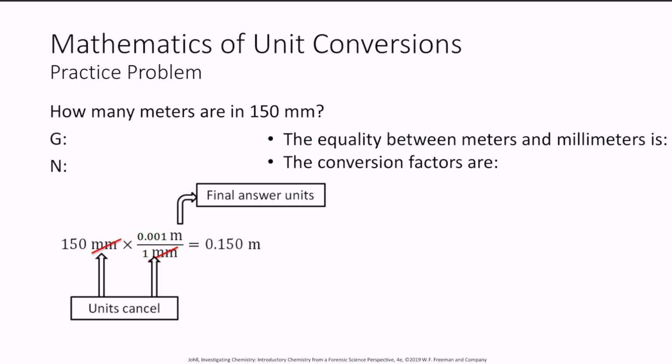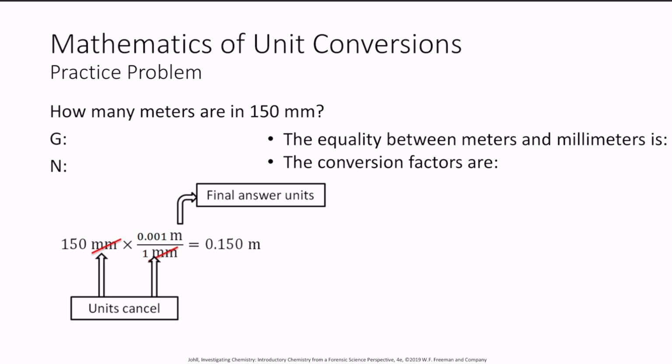So the first thing I want to do is find my given. Remember, the given is going to be your number for simple conversion factor problems. Now, when you start doing more and more of these problems, your problem might give you a lot of different numbers.